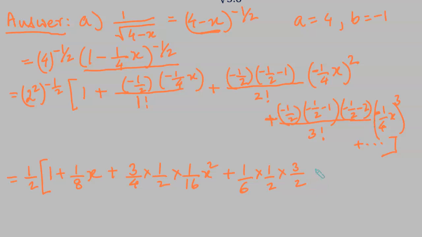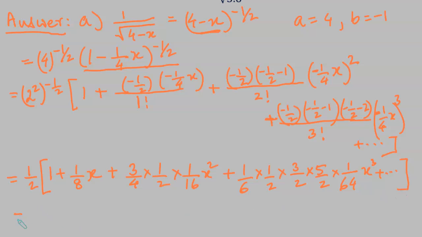So it is 5 over 2. And that one is 1 over 4 to the power of 3, which is 4 times 4 is 16, times 4 is 64. So 64 x to the power of 3, plus dot dot dot. Okay.